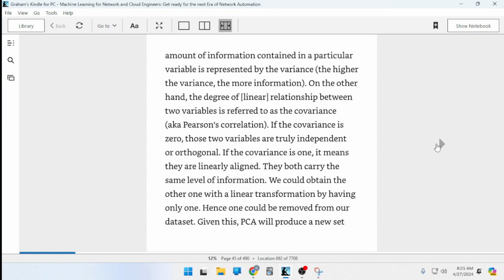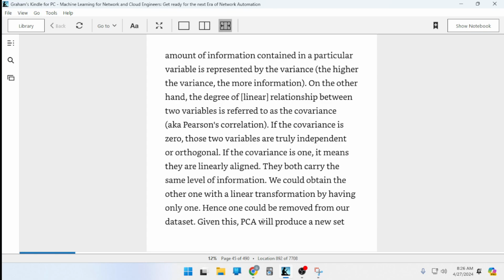If the covariance is 1, it means they are linearly aligned. They both carry the same level of information. We could obtain the other one with a linear transformation by having only one. Hence, one could be removed from our data set.